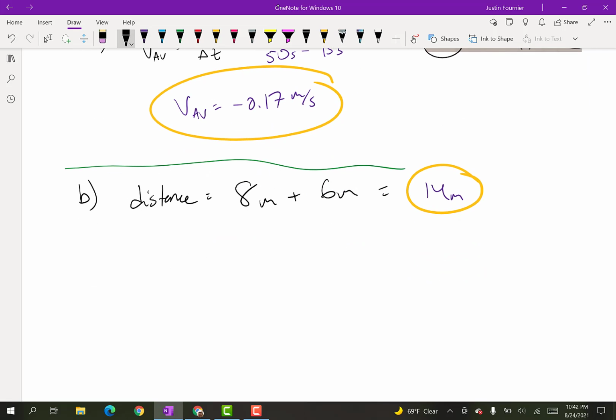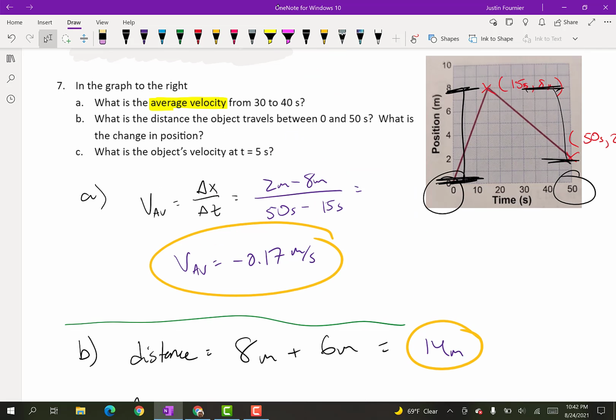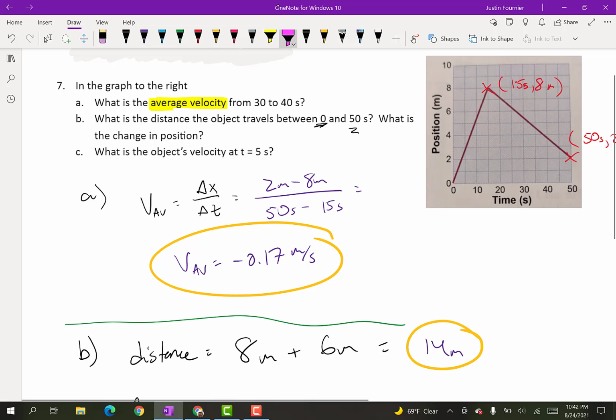All right, but now I want to find out the displacement, delta x. So displacement, and they're saying from 0 to 50. Displacement just asks, what is your change in position? So for that, my change in position, I started here at 0, and I ended here at 2.